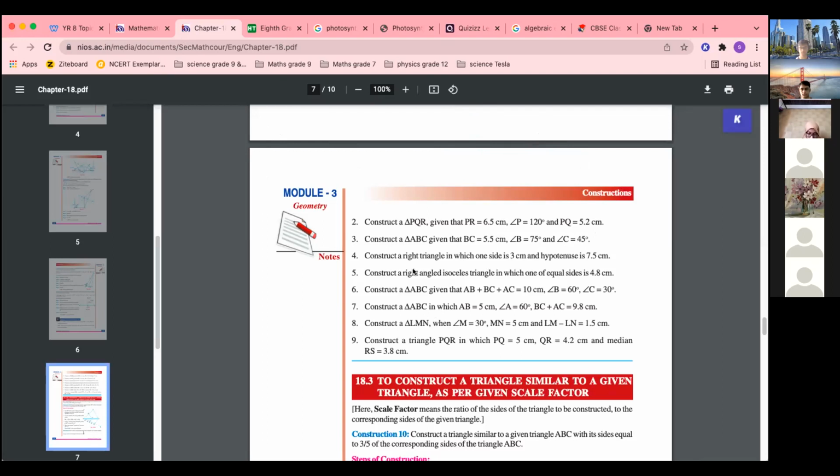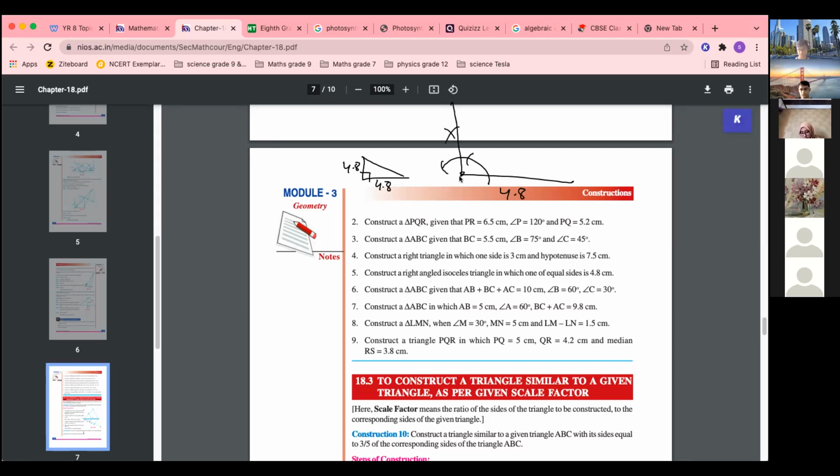Construct a right angled isosceles triangle. Equal side is given, 4.8. It means it is right angled. This is 4.8 and this is 4.8. Okay, and the hypotenuse is there. How will you draw? Draw 4.8. Draw 90 degree. The 90 degree is done.